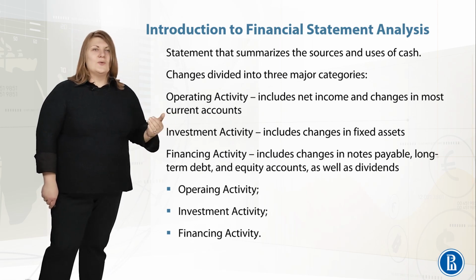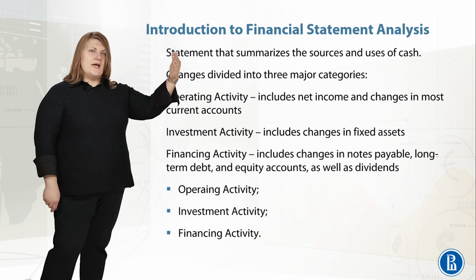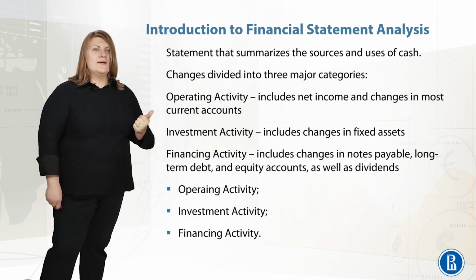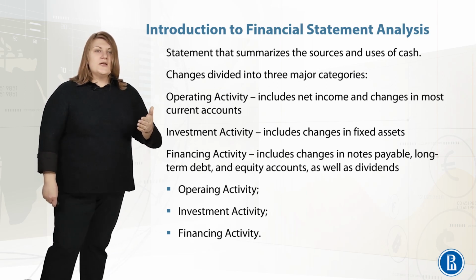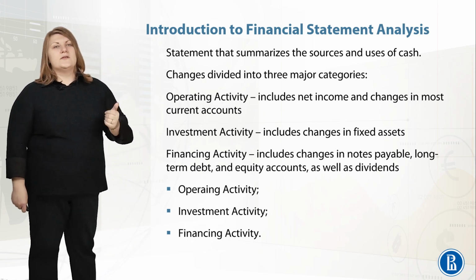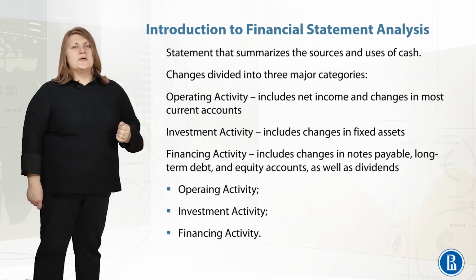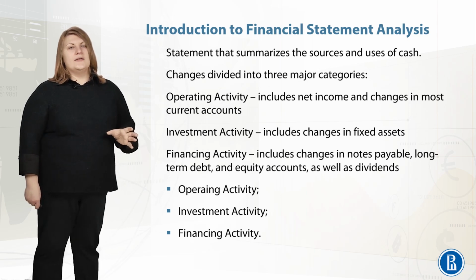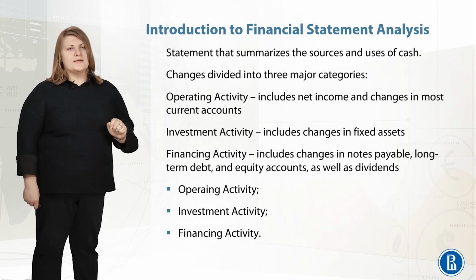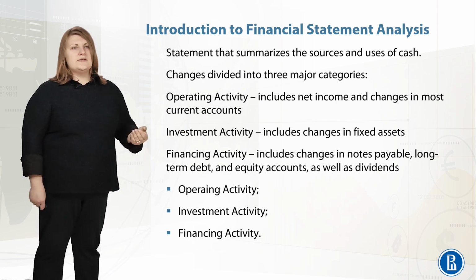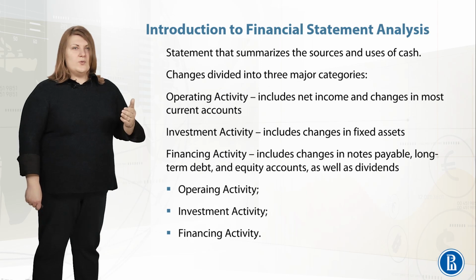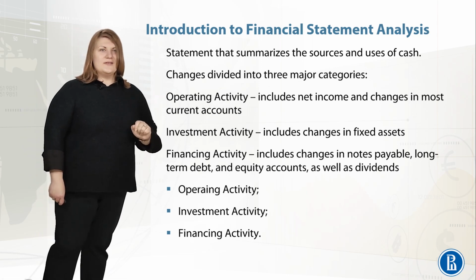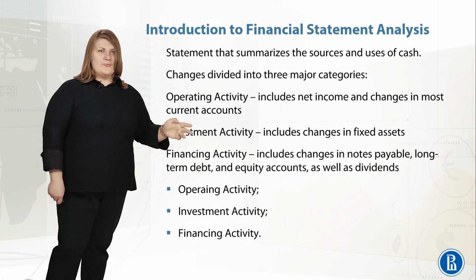In this statement, we will see where the cash comes into the company and where it goes. The changes in the statement of cash flows will usually be divided into three major categories: operating activity, investment activity, and financing activity. Remember these three different activities represented in cash flow from the previous lecture?